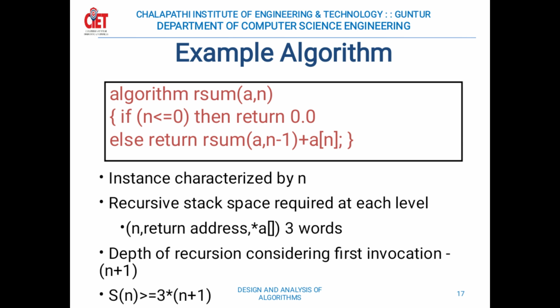Totally the recursive function calls n plus 1 times, so its space complexity is 3 into n plus 1. Its space complexity is 3 into n plus 1 because the recursive function calls itself n plus 1 times, and in each call it requires 3 words: one for storing the array starting address A, another for storing the variable value n, and the third for storing the return address.